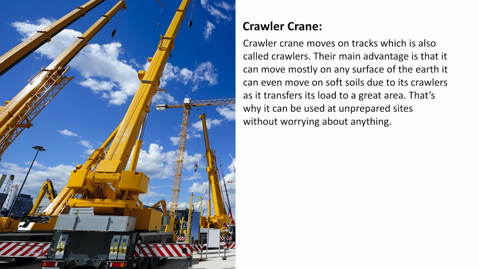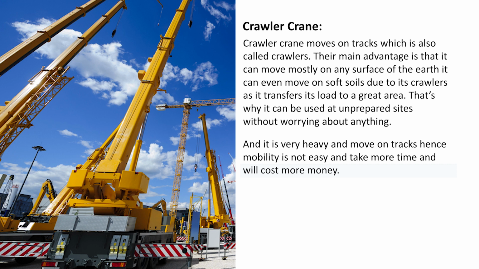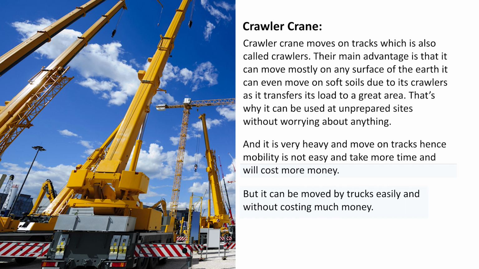That is why it can be used at an unprepared site without worrying about anything. It is very heavy and moves on a truck. Hence, mobility is not easy, takes more time and costs more money, but it can be moved by truck easily and without costing much money.